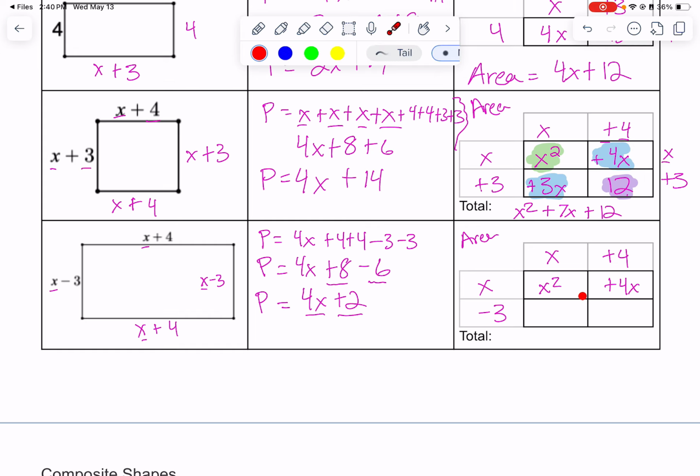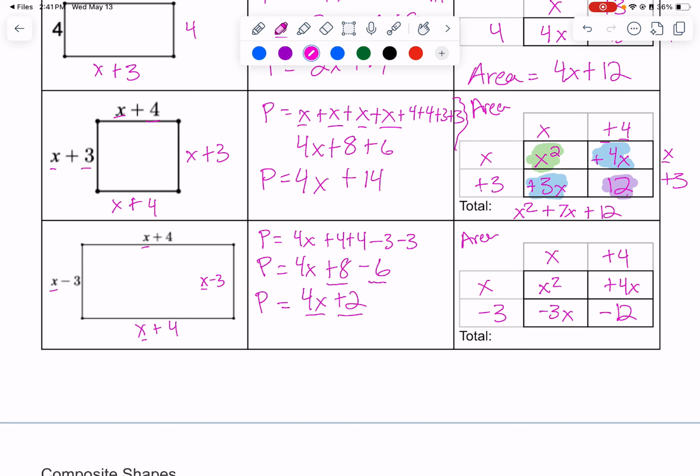My bottom left corner here has a horizontal of x, but a vertical of -3. That's kind of weird to think of area being negative, but it's really just multiplying those two numbers. Okay, now for the final corner, I have a -3 times a +4. So we'll multiply those and get a -12.